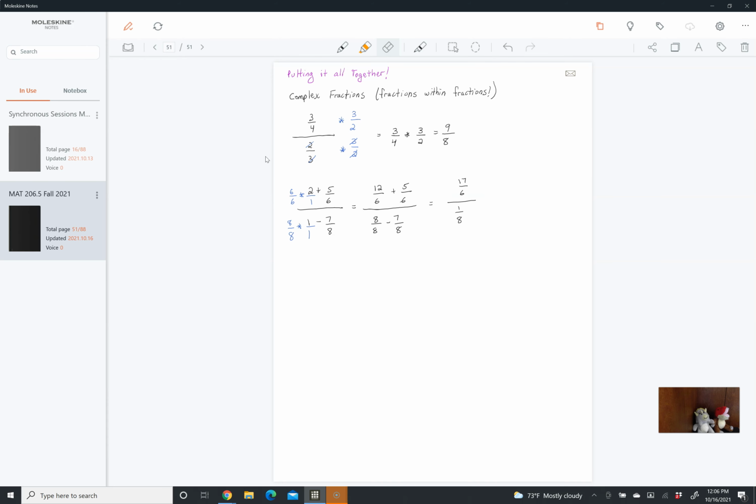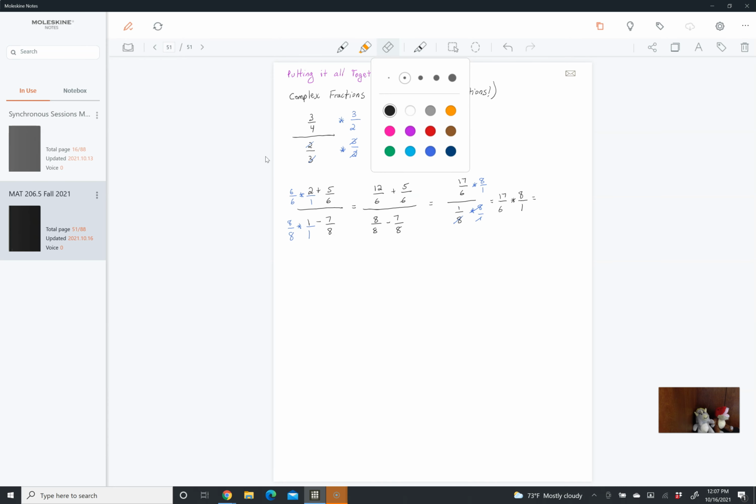From here, we have one fraction over another one fraction, so we multiply by the reciprocal. And we get 17 over 6 times 8 over 1.